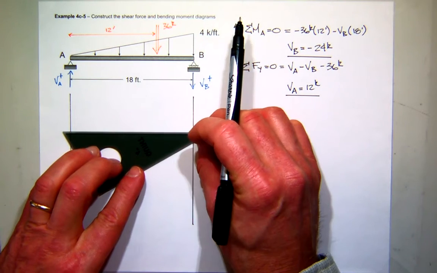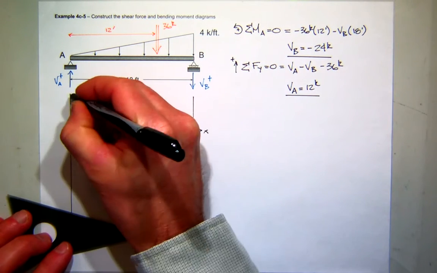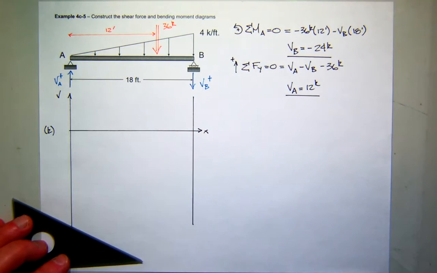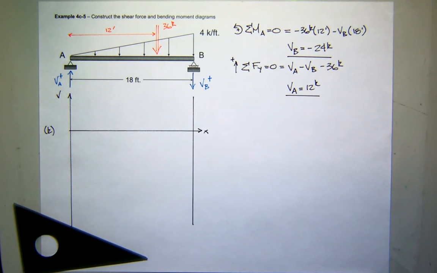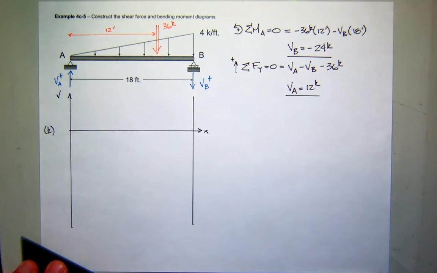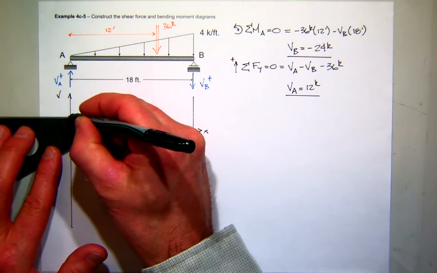So I'm going to go ahead and establish a positive x-axis and a positive shear, and tell you all my shear values are going to have the units of kips. So starting at the left side, because we always work left to right, positive x direction, what's our starting shear value? It should be the shear at A, which is 12.